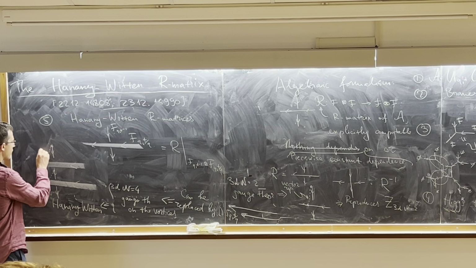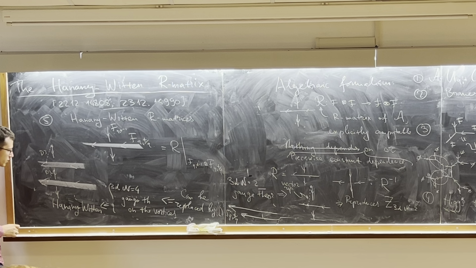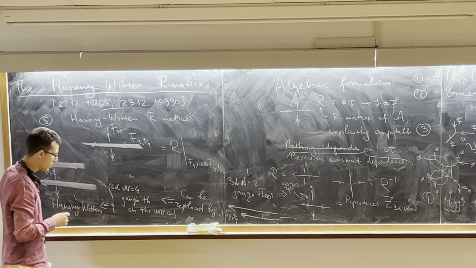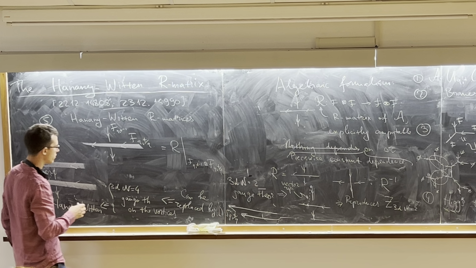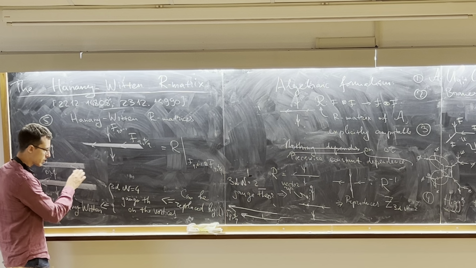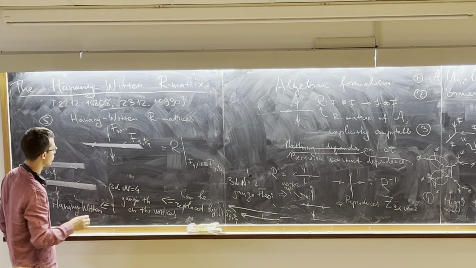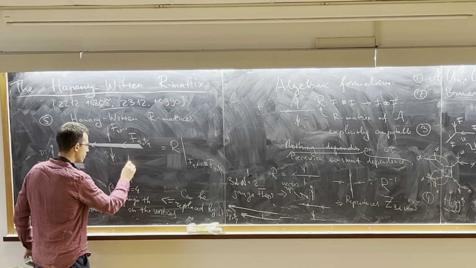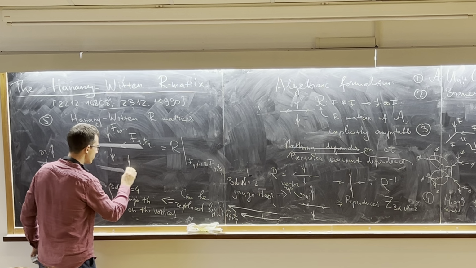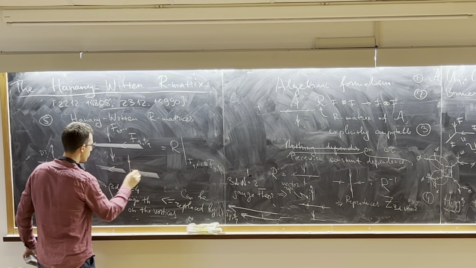So Hanany and Witten told us how this theory should look. In particular, these brane junctions should satisfy certain rules, certain properties, which are known as Hanany-Witten rules or Hanany-Witten moves. For example, the crucial point for this brane construction to work is that the two operators, R and R inverse, are actually related.